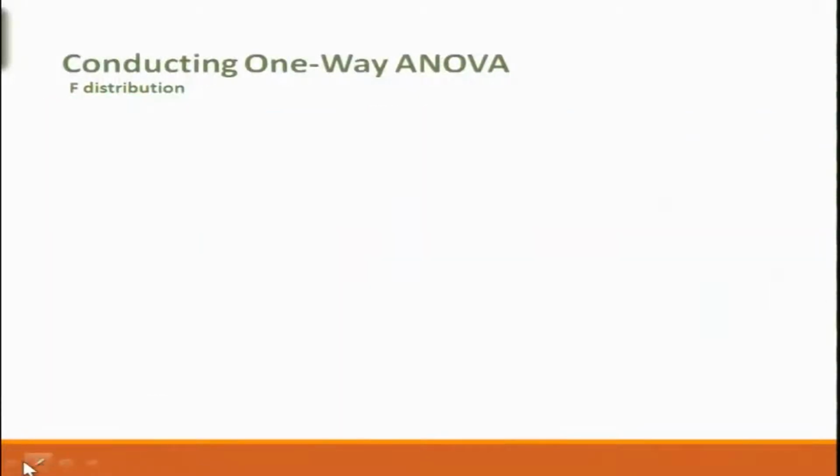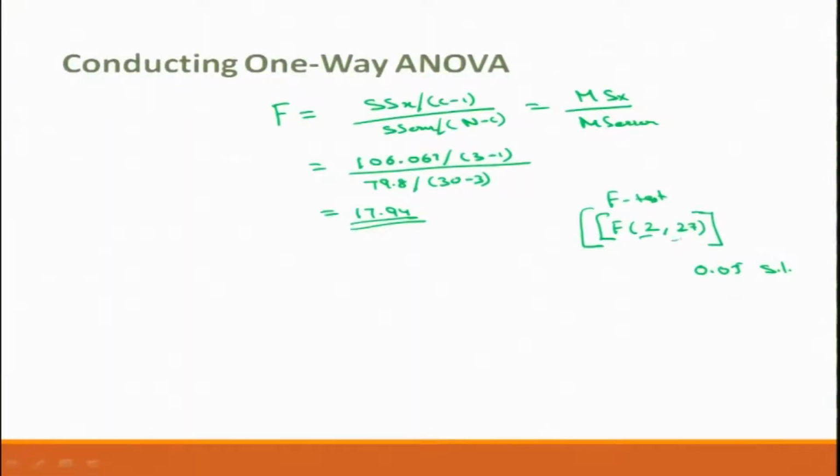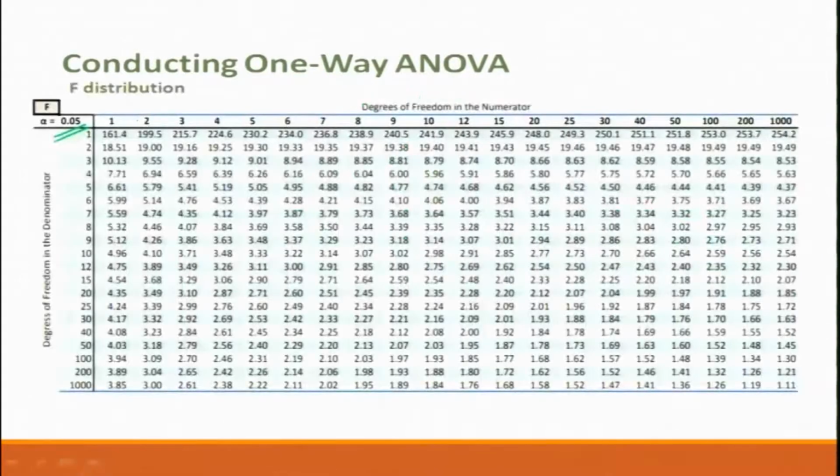So let me see for 2 and 27 degrees of freedom. For 2 degrees of freedom, we will select this column, and for 27 degrees of freedom, we have 25 and 30.